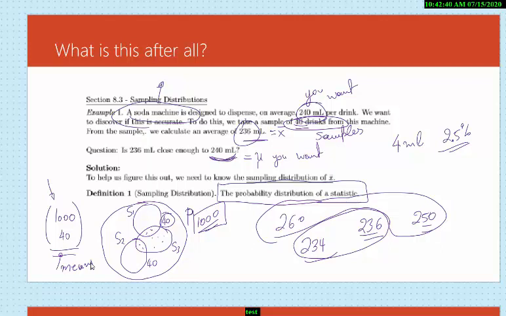So the vector of all these means is giving you the probability distribution. This is the sampling distribution. So the sampling distribution is the probability distribution of those means that you have in this vector. Let's graph it. Let's try to understand it by graphing this.